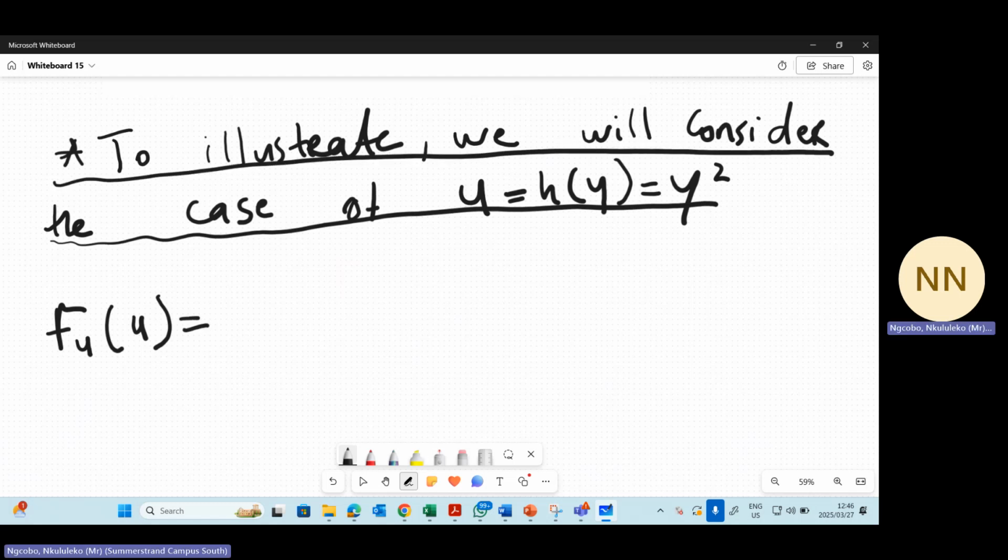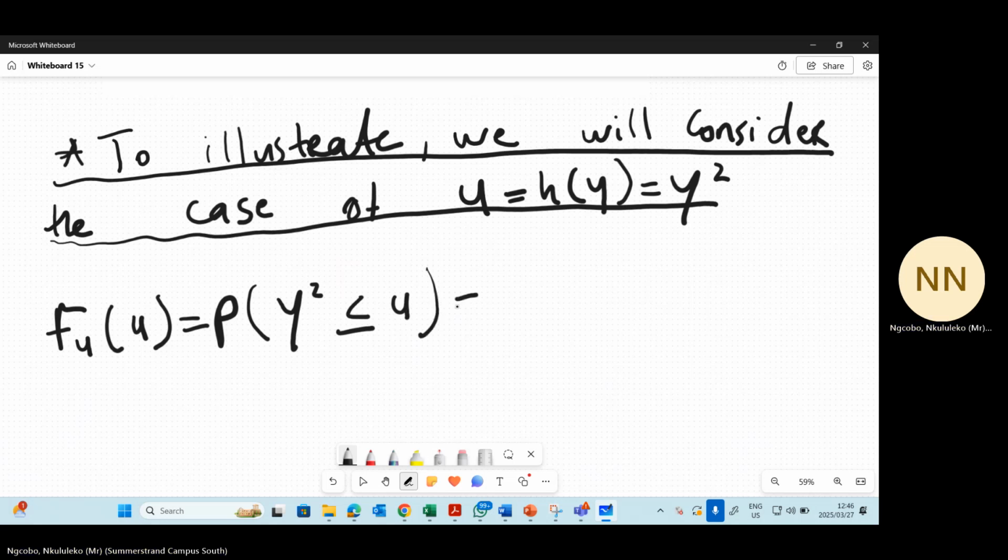This is the same as the probability of y squared less than or equals to u. I mean, we understand that if we want to have y as just a univariate, we need to put the square root on both ends, and the square root of anything is plus or minus, right?